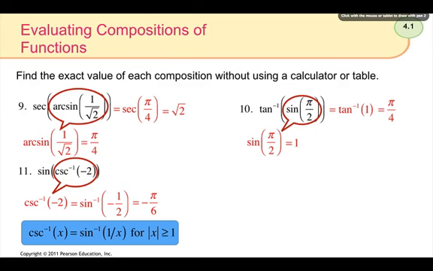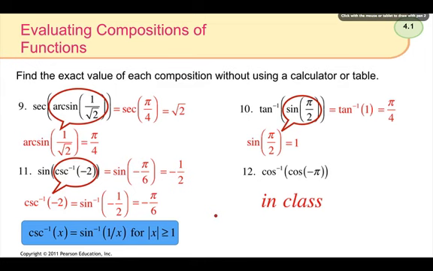And then I have sine of negative pi over 6. So I compute this, and you should see that by looking at the unit circle, this is just sine of negative pi over 6, not inverse. It's just regular sine of this angle, and you end up with negative 1/2. Let's look at number 12, and we'll do this one in class.